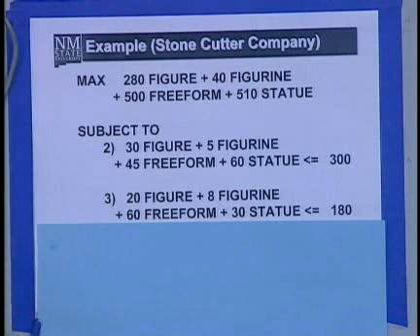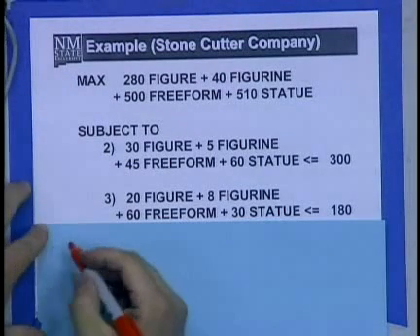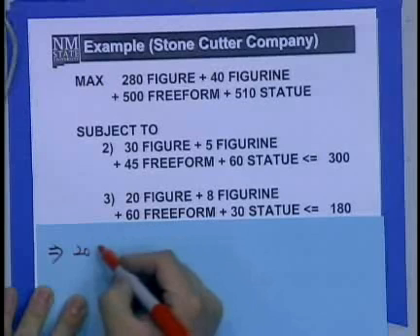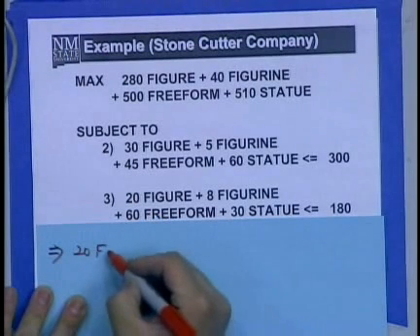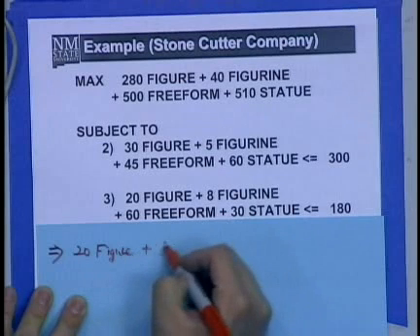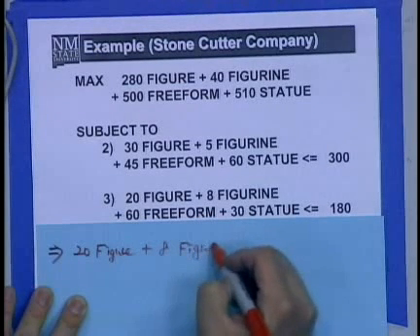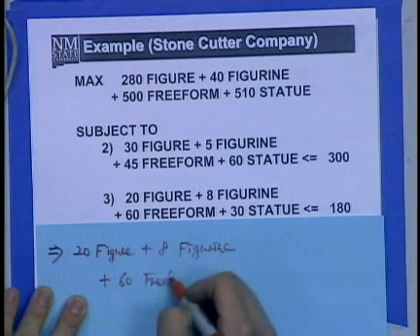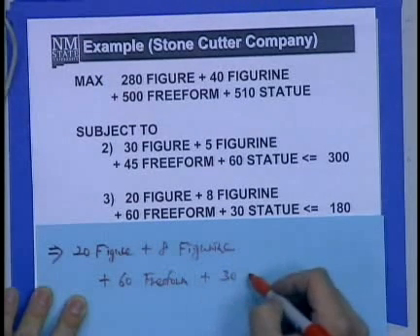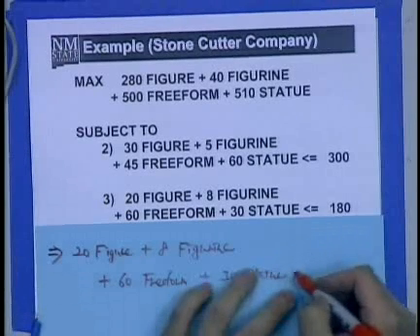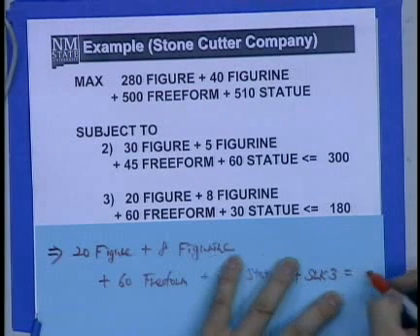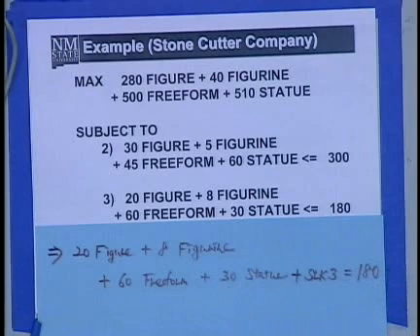So, like we did before, by introducing the slack variable, we will obtain the equality constraint, like this. 8 times figure plus 60 freeform plus 30 times statue plus slack 3 equals 180, right?